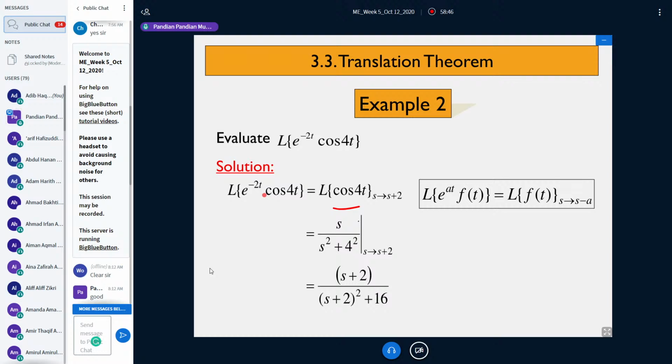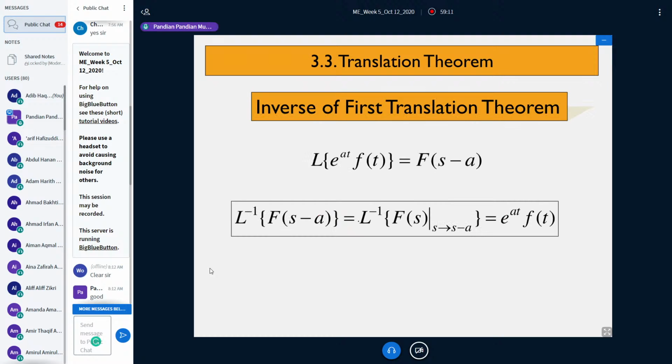But since your a is minus 2, s minus a is s minus minus 2, which is s plus 2. So s becomes s plus 2. That is shifting. You change the s to s plus 2, according to this formula.